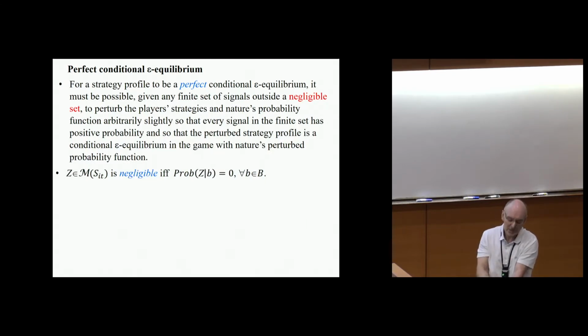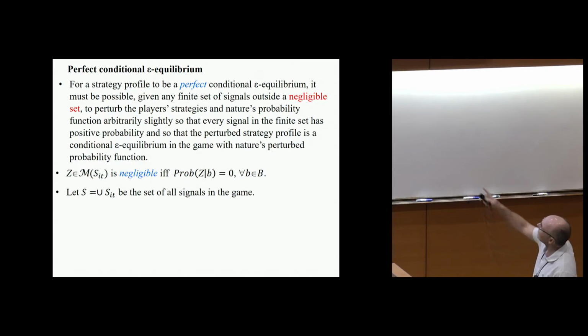Well, there's nothing I can do that would ever make me care about what you're doing there. So if everything else in the game is beautiful in terms of rational play, the fact that you're doing something silly on that negligible set is not going to affect anything. We could change what you do and make it rational there, but again, it wouldn't affect anything for anybody. So we really don't have to check signals outside a negligible set. Good.